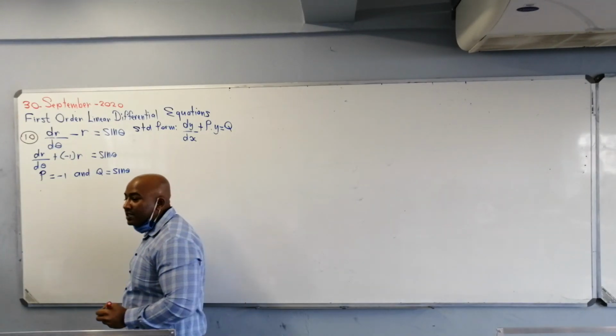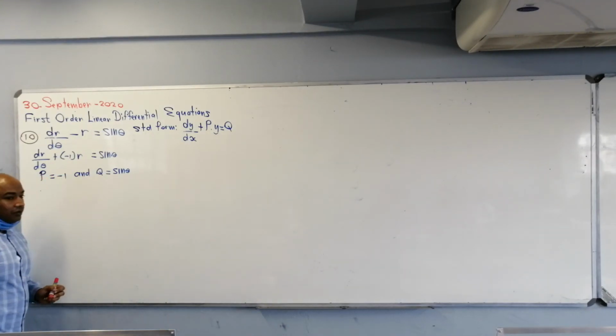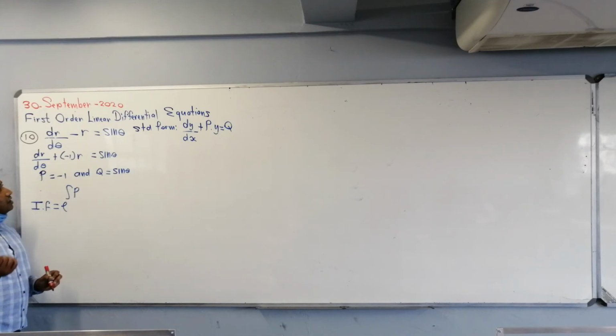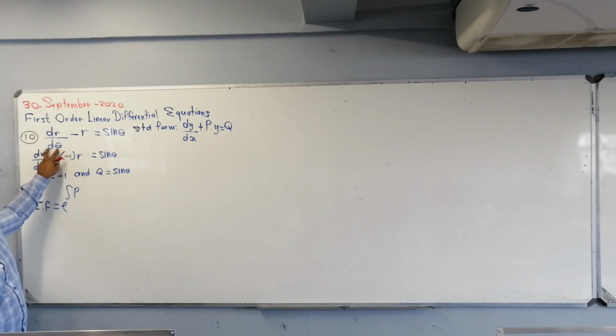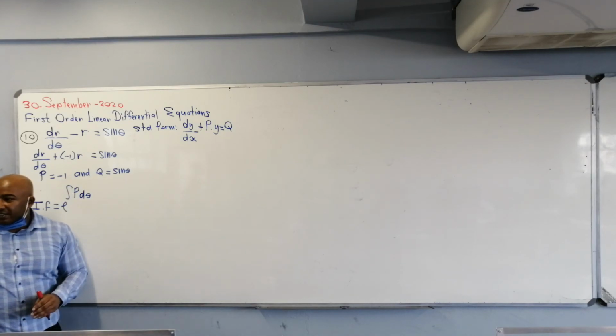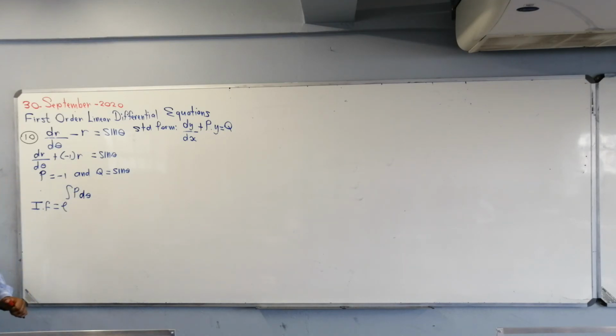Now, the integrating factor. So, the integrating factor is equal to e to the integral of p. Now, what are we integrating with respect to? D theta. So that will be d theta. Normally you write down dx. Okay. So it's d theta. So this is going to equal e to the integral of minus 1 d theta.